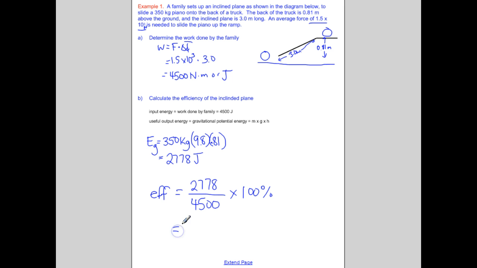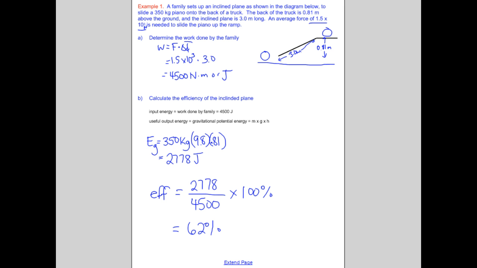And so our efficiency in this process works out to 62%. So we were 62% efficient in getting this piano from this position to this position using this length ramp.